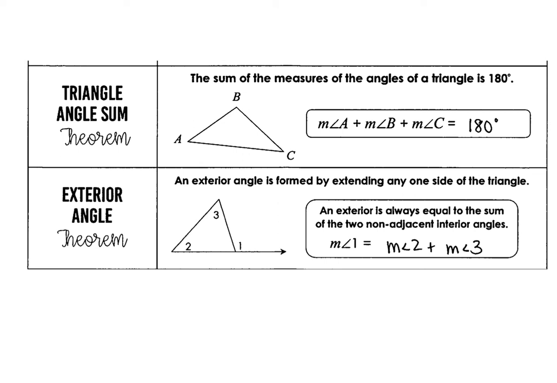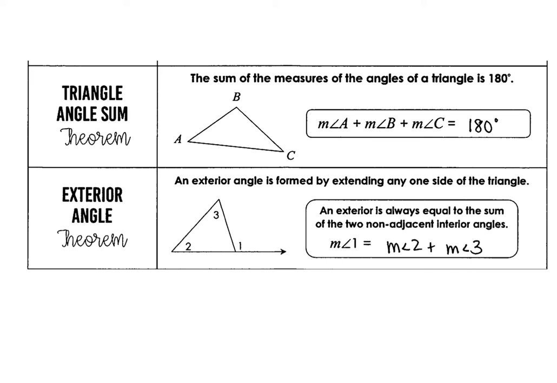So all angles in a triangle will add up to 180 degrees, no matter the size of the triangle, no matter what type of triangle, equilateral, equiangular, they always add up to 180 degrees, which actually tells us a little bit something about an equiangular triangle. If we have an equiangular triangle and it always adds up to 180, what do we know about those angles? They're all 60 degrees, right? Because you have 3 of them that add up to 180. So in an equiangular, you automatically know the degree measure as well.